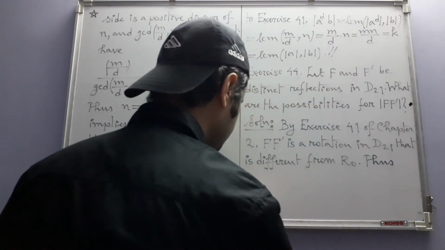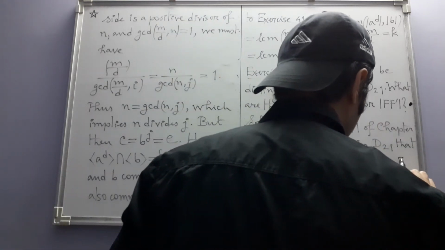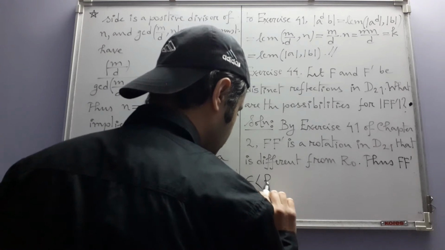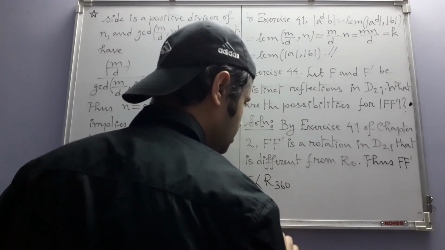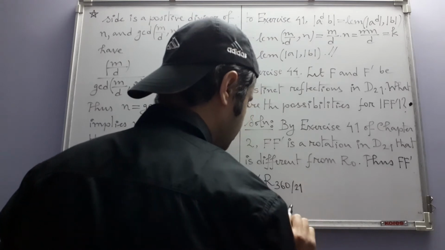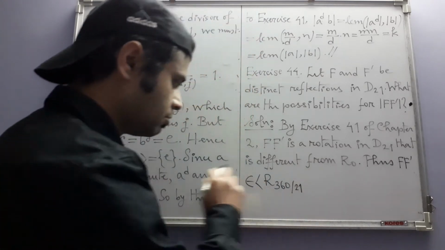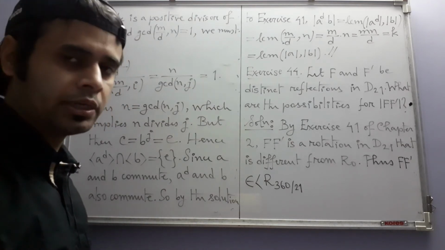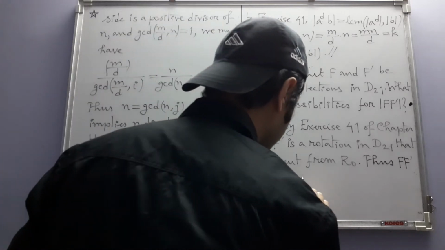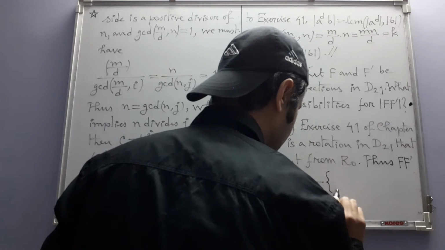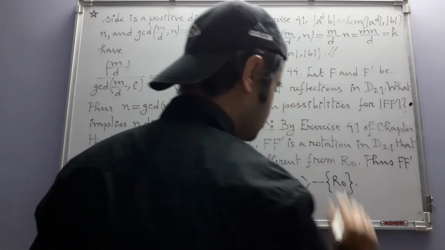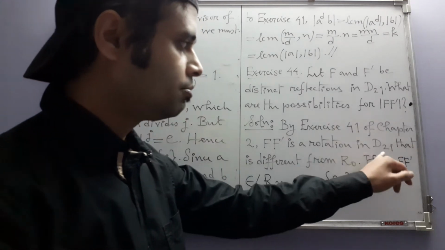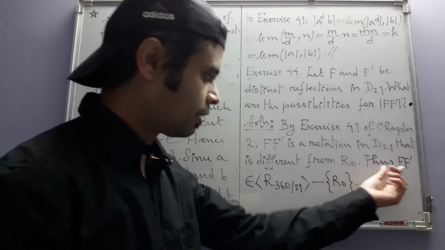So if f f prime belongs to this group, generated by 360 divided by 21, this is the smallest angle through which, if we rotate a regular polygon with 21 sides, then that is a symmetry. This cyclic group minus R0. Okay. So now note that although our original group D21 is not cyclic, now we are in a cyclic group.